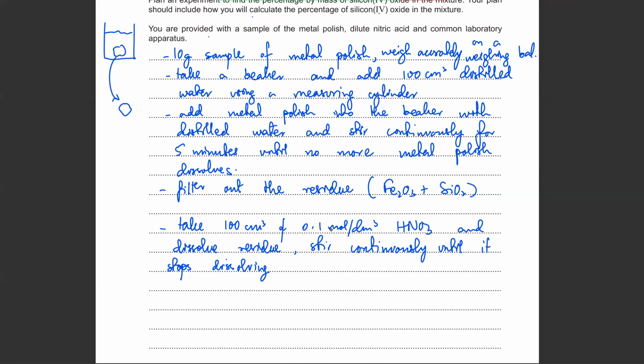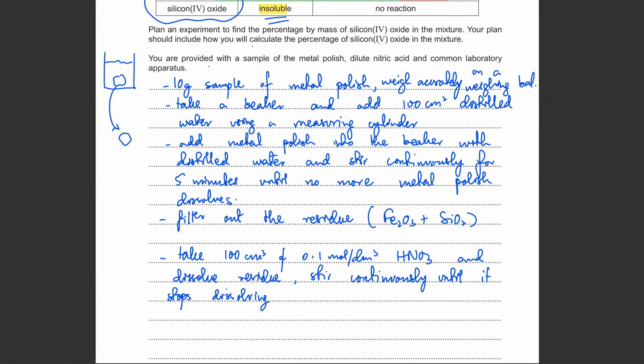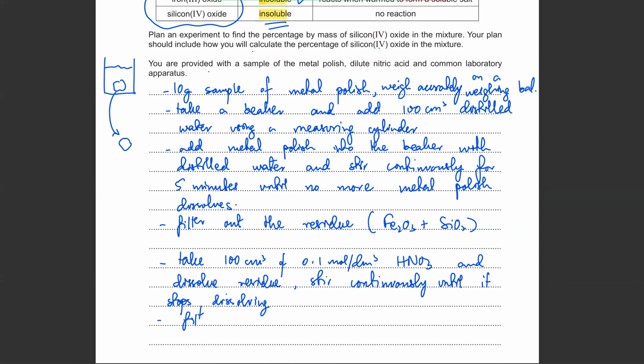Now that's done, and the only thing that's going to be left is the one that doesn't dissolve. We're going to filter that out. So finally filter out the residue, which now only contains SiO2.